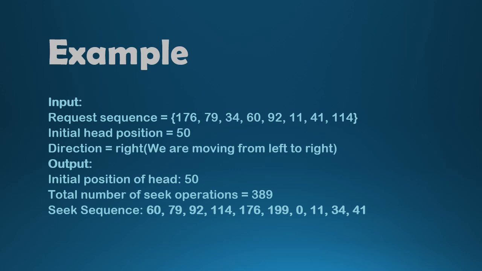And the output must be: initial position of head is 50. Total number of seek operations is 389. Seek sequence is 60, 79, 92, 114, 176, 199, 0, 11, 34, 41.